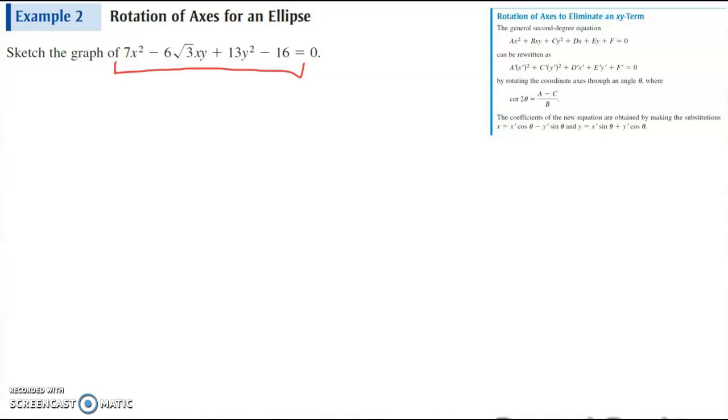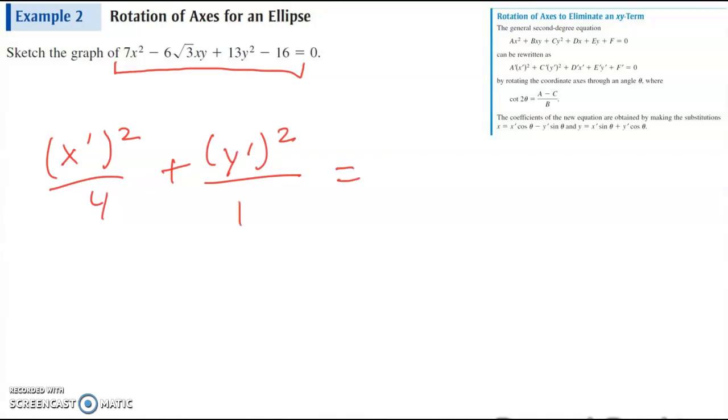If you want to start using just x and y, by all means do that, but take your time with these problems. At the end, once you distribute everything, you should get x prime squared over 4 plus y prime squared over 1 equal to 1.